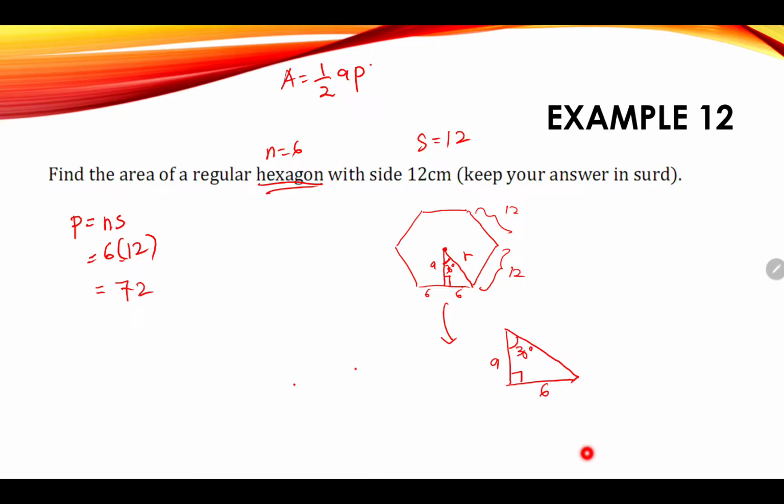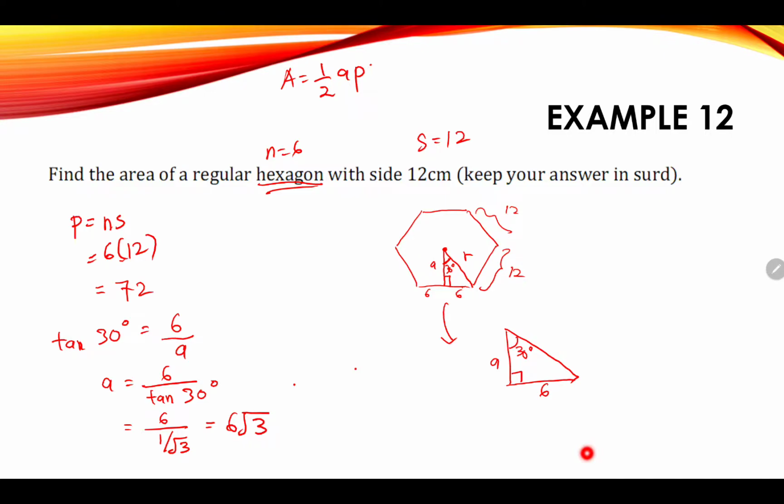Okay, so kita boleh guna formula tangent 30 equals 6 over A. Okay, so A equals 6 over tangent 30. So tangent 30 is special angle which is equals 1 over square root 3. So kita dapatlah A sama dengan 6 square root 3.